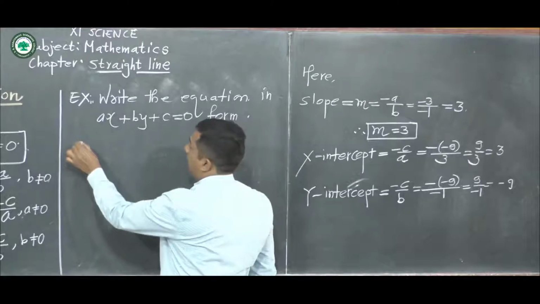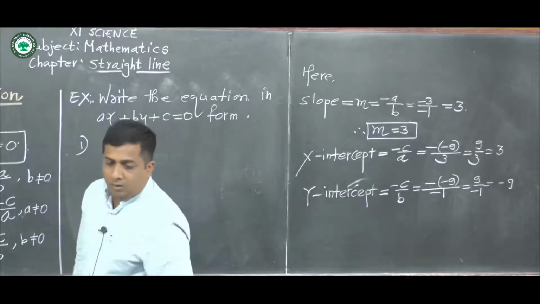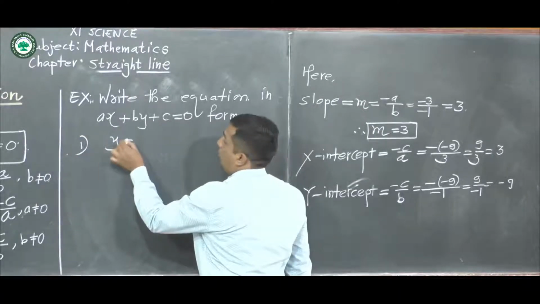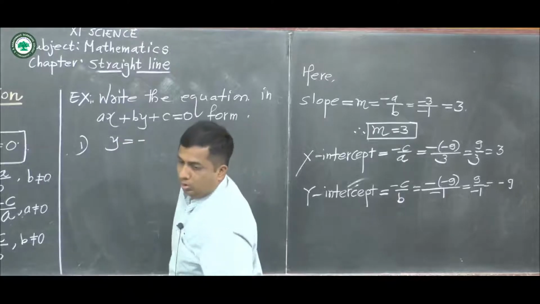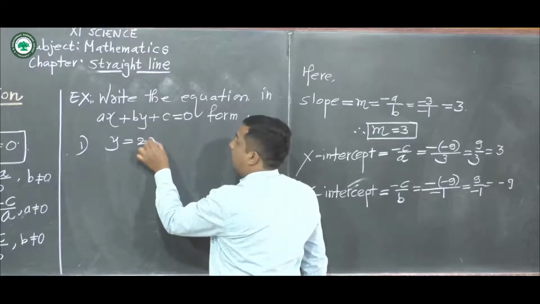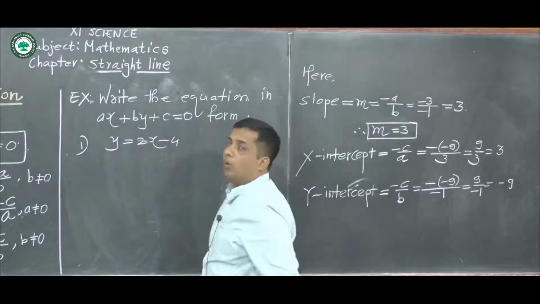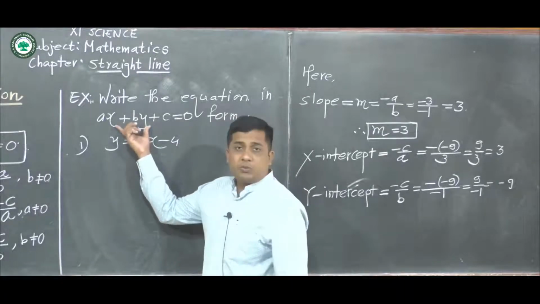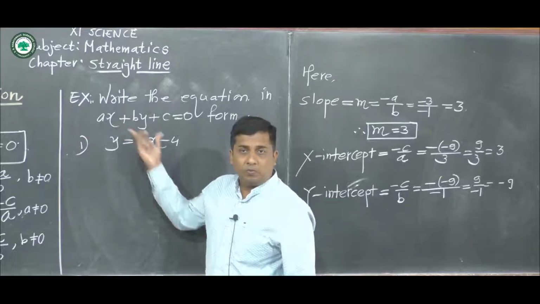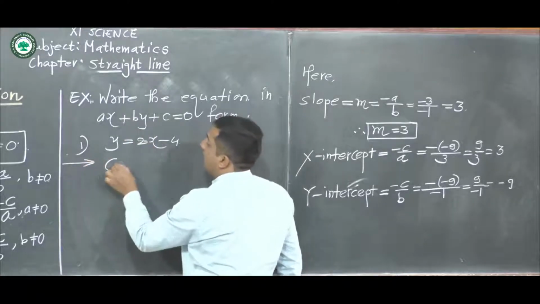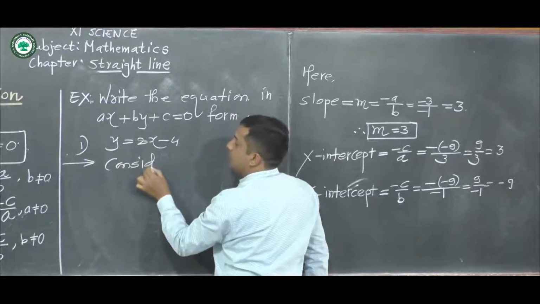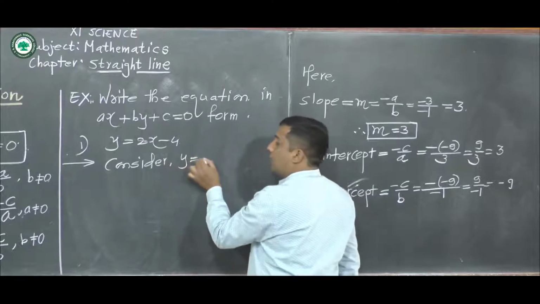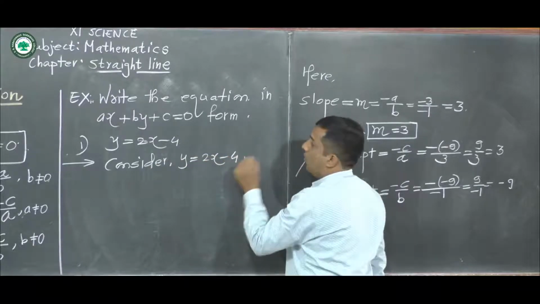Okay, here first is given y is equal to 2x minus 4. Now we have to write this equation in the form ax plus by plus c equal to 0. So we consider the given things. Consider y is equal to 2x minus 4.